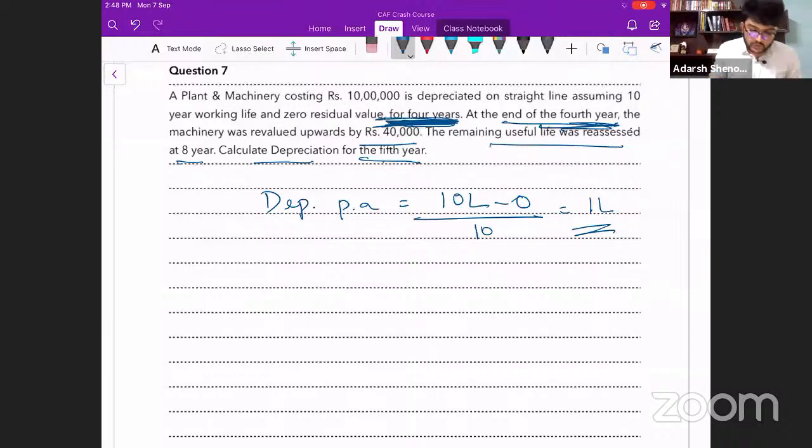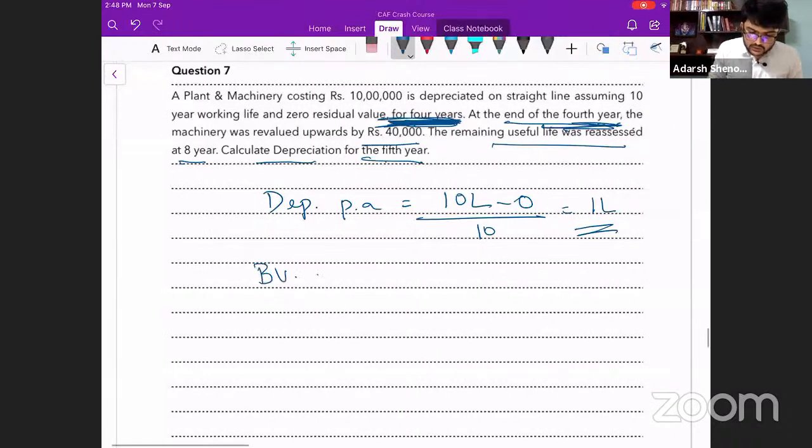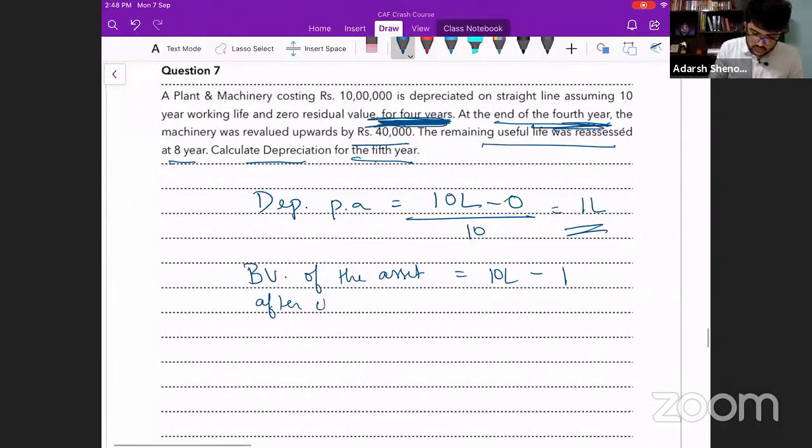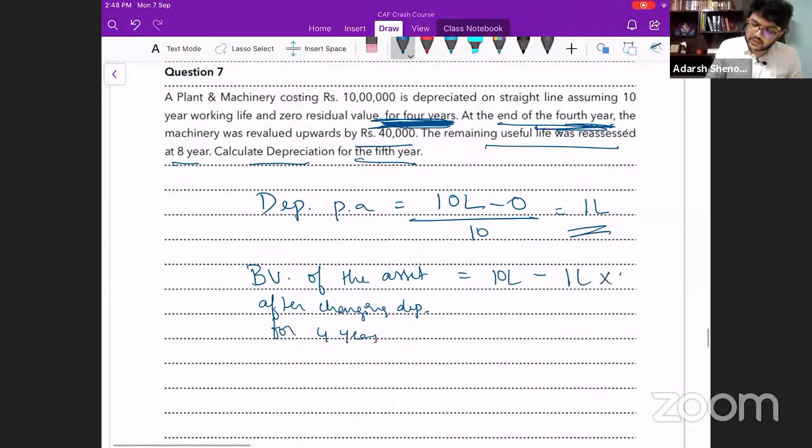So, can you tell me what is the book value of the asset after charging depreciation for 4 years? 10 lakh minus 1 lakh into 4 years. Book value is 6 lakhs, right?